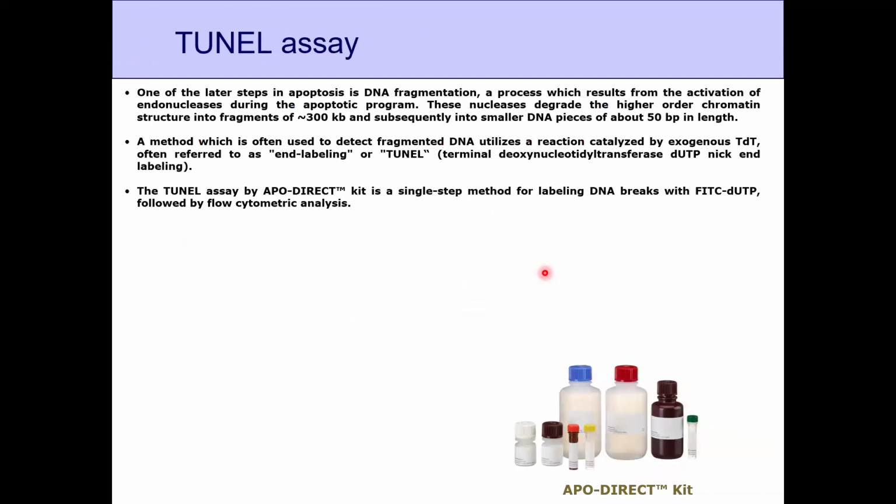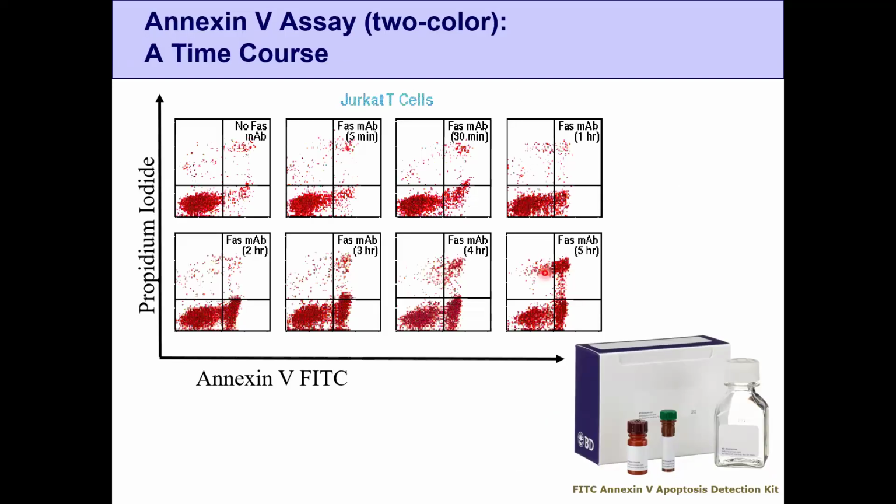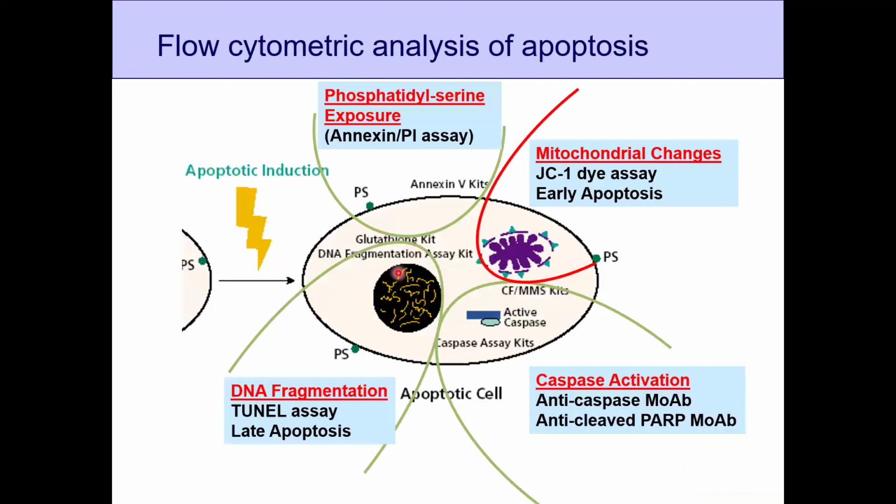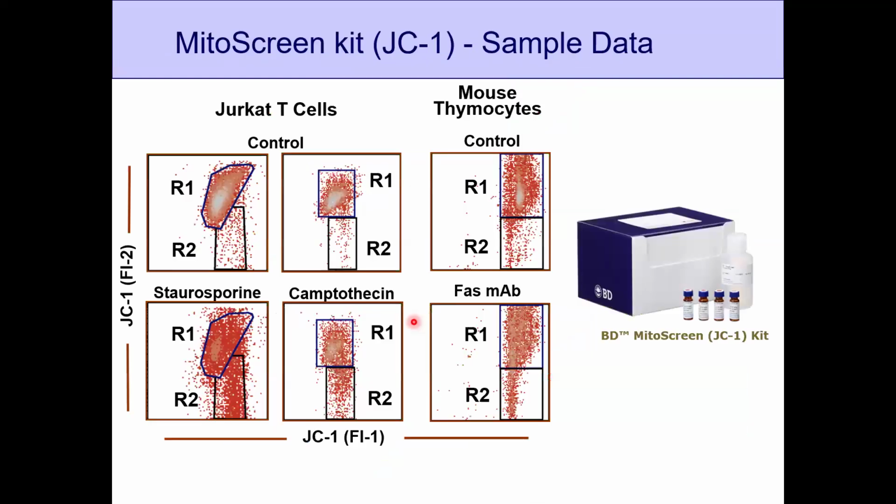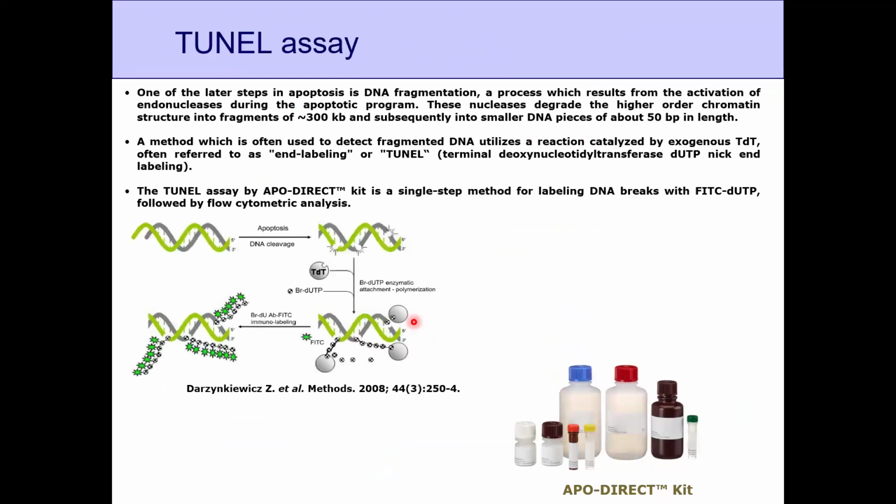TUNEL assay is for your DNA. As I showed you in the previous slide, your DNA also gets damaged when there is apoptosis going on. In the TUNEL assay, BrdUTP, an analog of thymidine, binds to the nicks.